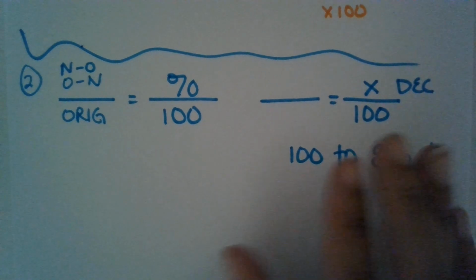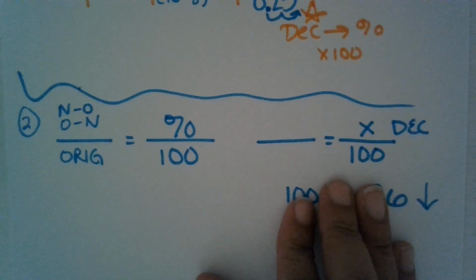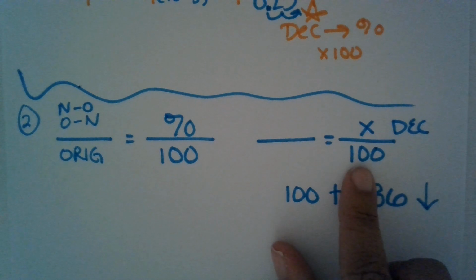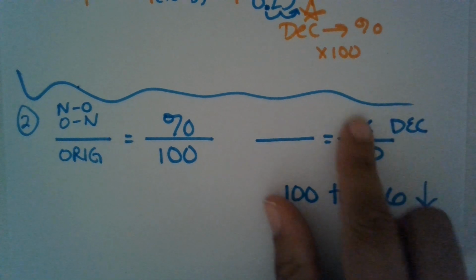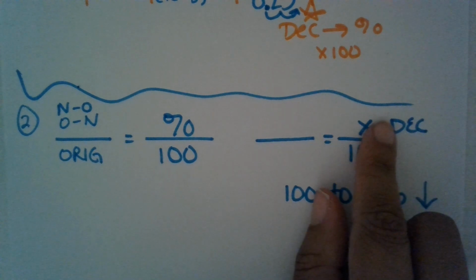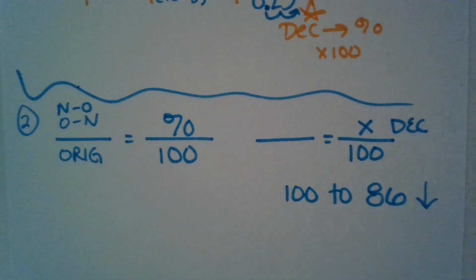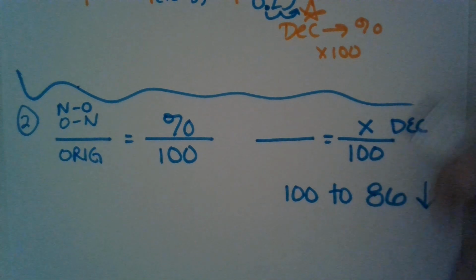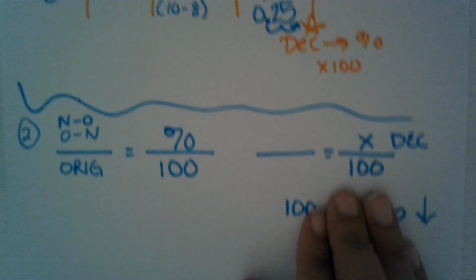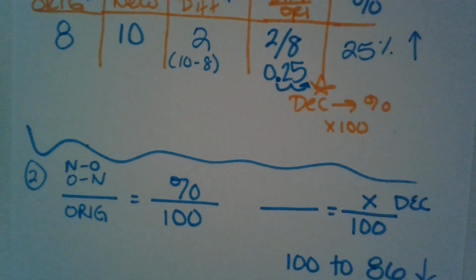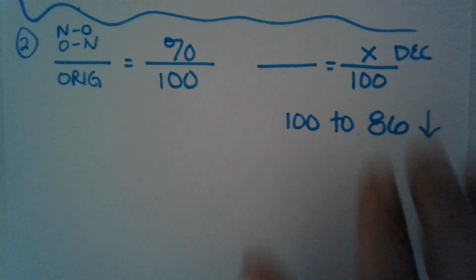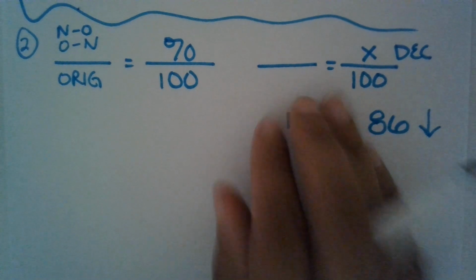Now, the good news with using this method is you don't have to worry about multiplying by 100. Whatever answer you get, if it's a whole number, that is the percent already written out for you. You don't have to move the decimal or multiply by 100. So I just want to let you know that. Obviously, in the first method you have to do that, and you guys do well on it. But this one, we don't have to do it if you set it up like a proportion.